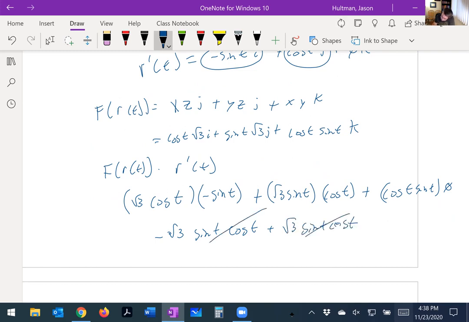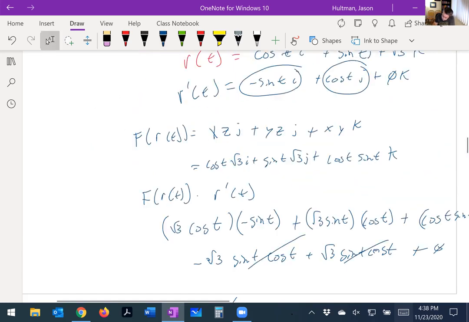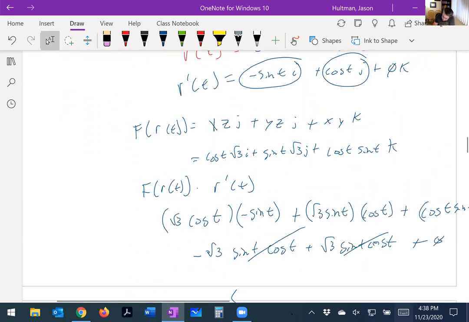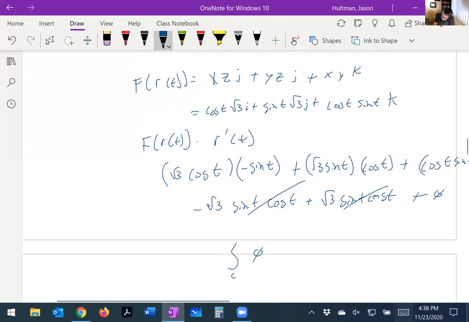Those are going to cancel. Plus 0. Everything cancels. So this becomes the line integral about C of 0 dt.